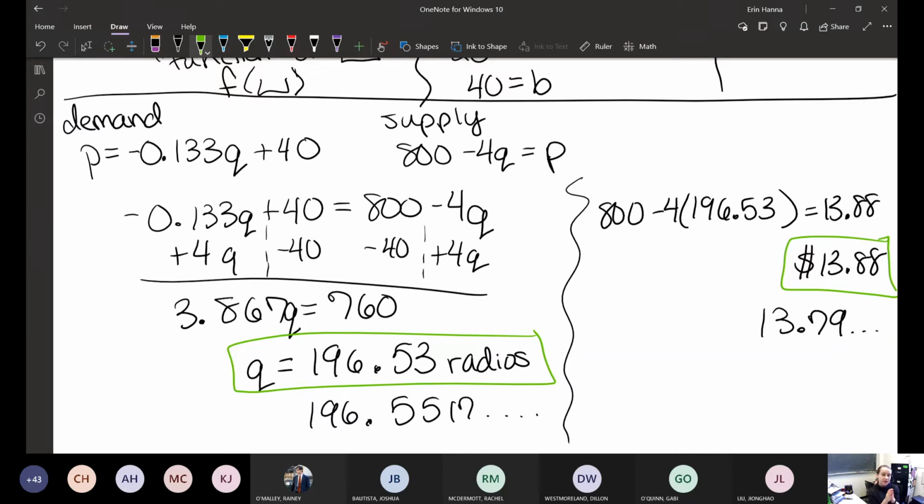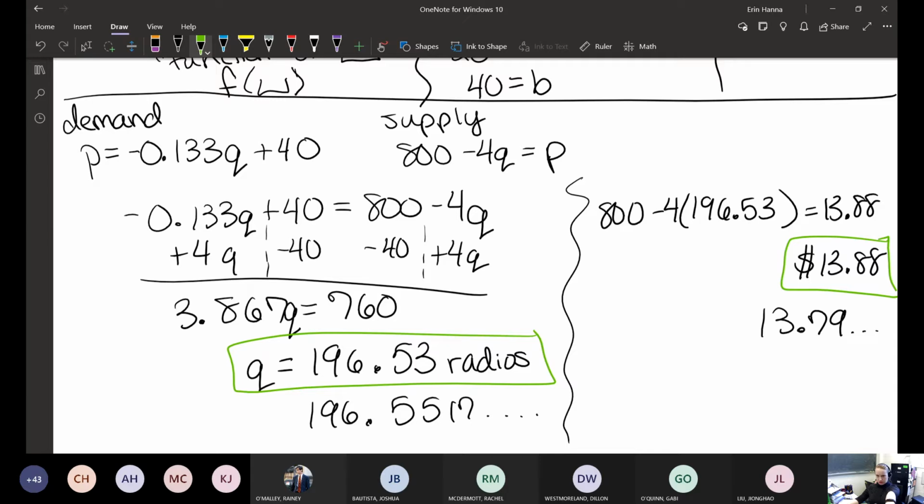All this is telling us is that if we sell these things for about $13.88, which will mean that we will sell approximately 197 radios, then we have just as much supply as is going to be demanded. So we're not going to have radios left over. We're not going to have people who want a radio and can't have a radio. We are going to be able to create as much as we sell. And this is the price and the amount of items that we need to be able to have that happen. So that's what the equilibrium point is representing.